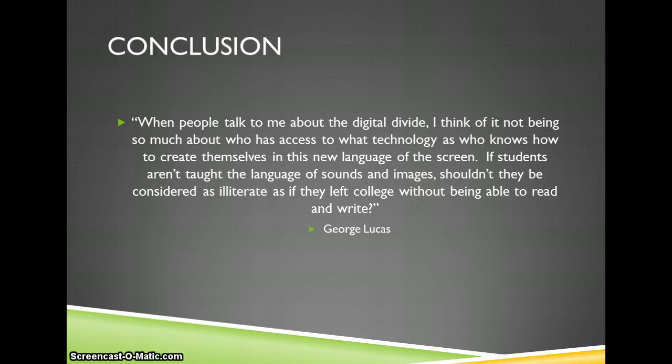They'll be able to easily look up factual information and be able to recall it at any point. But what we really need to teach them is that they need to know how to look critically at something and really analyze it to see what the message is and what the author is trying to convey, so that they can better accurately have a picture of what they're looking at and what they're viewing.